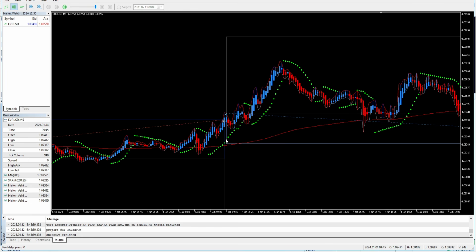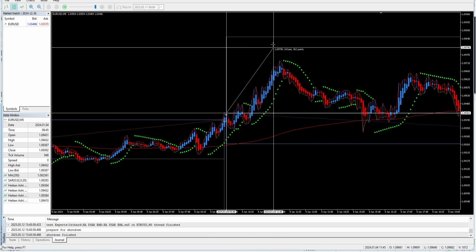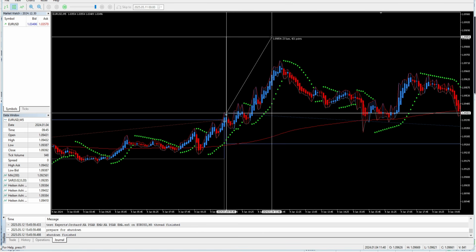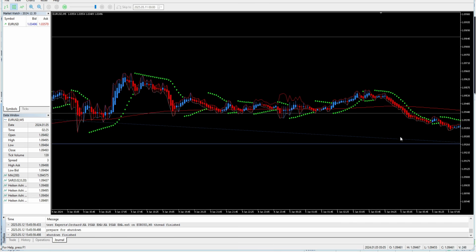Has no wick. It's above the PSAR. It's above the moving average. All the conditions are correct. It's unfortunate it went into a downtrend immediately after, but that's 167 points to 421. That's about the 2.5 ratio. And this one also, you can see the price fell eventually.